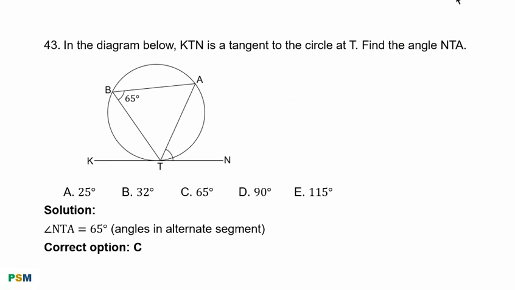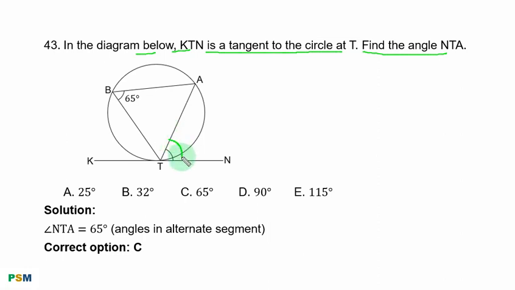Question 43. In the diagram below, KTN is a tangent to the circle at T. Find the angle NTA, this angle.